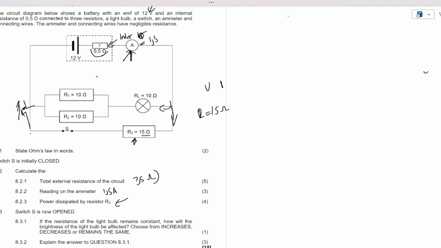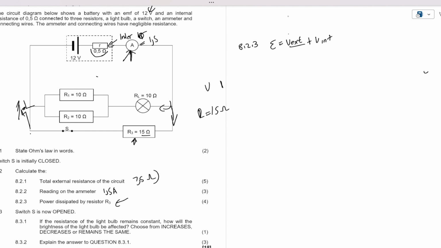What we are going to do now in 8.2.3 is to first know that the EMF consists of V external plus V internal. So the V to the external circuit will be the V of this branch and the V of this branch.